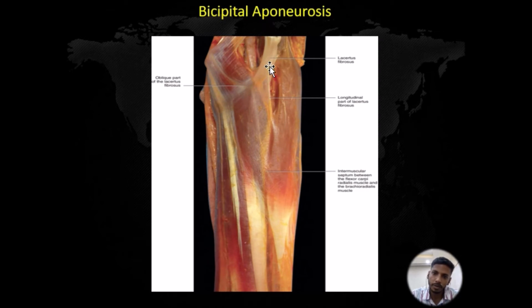The lacertus fibrosus also has a longitudinal part, which goes into the forearm, forming a link proximally. These longitudinal fibers form the intermuscular septum between the flexor carpi radialis and the brachioradialis. So there is a strong link between the arm and the forearm muscles.